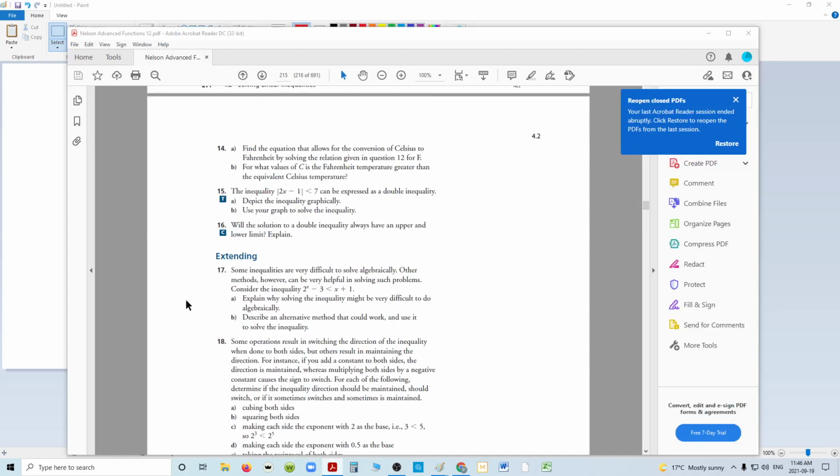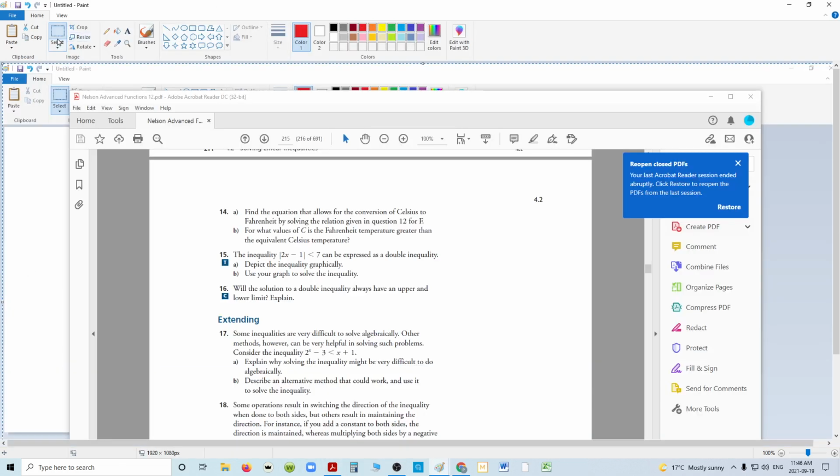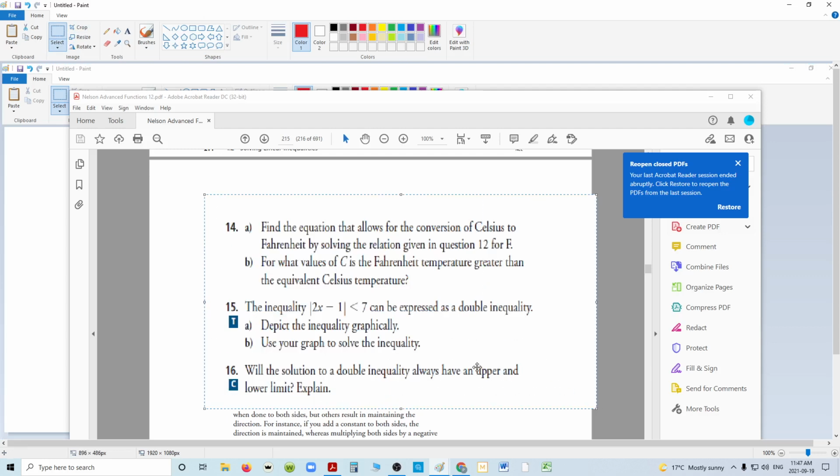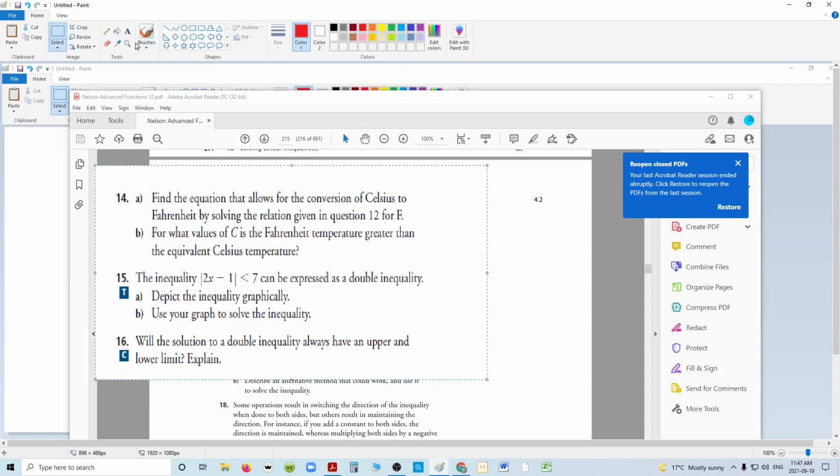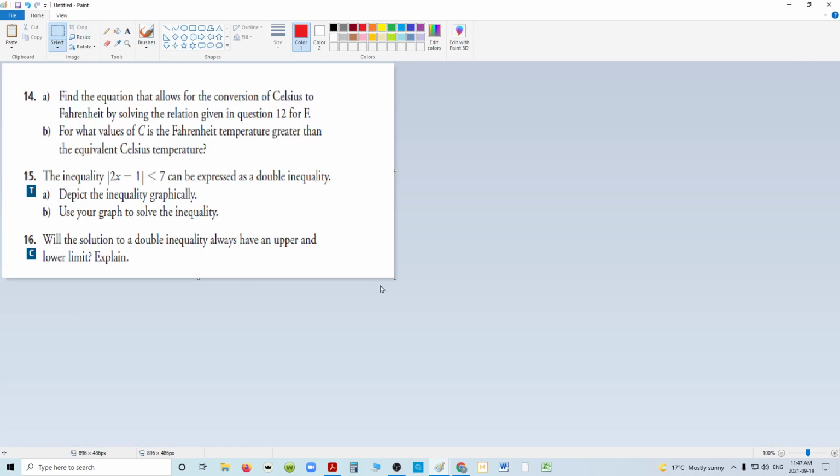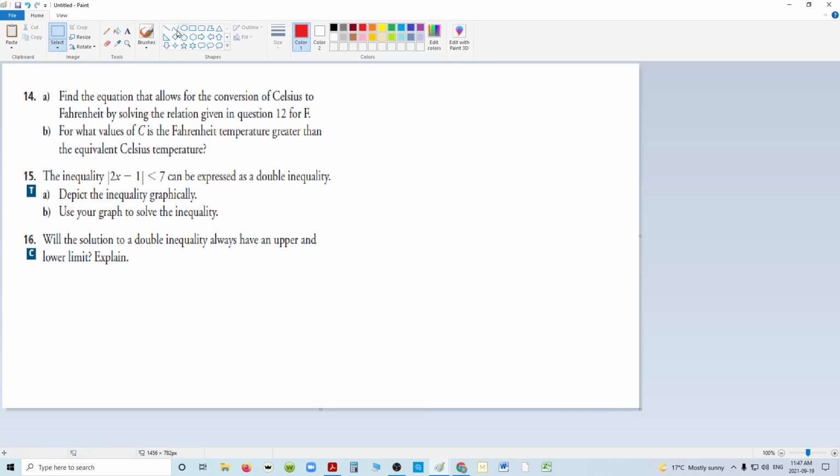And we'll do 14, 15, and 16, because I still have a bit of time. Find the equation that allows for the conversion of Celsius to Fahrenheit by solving the relation in question E. Okay, well, as I remember, Celsius is equal to 5/9 Fahrenheit plus 32, I think.